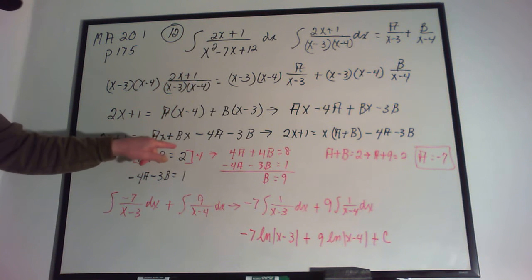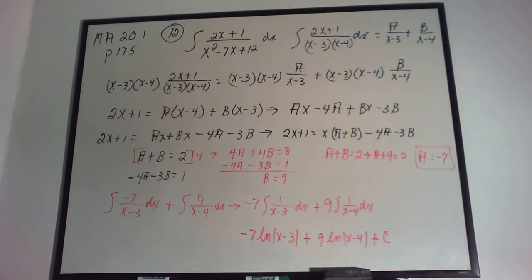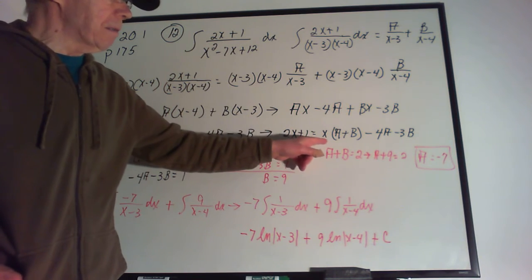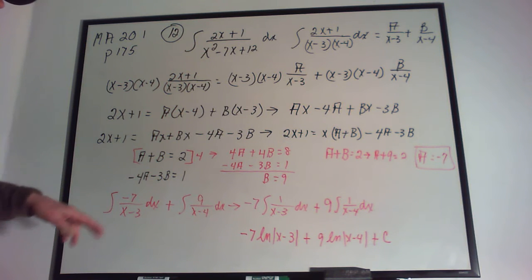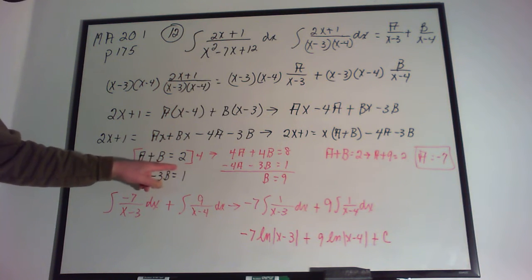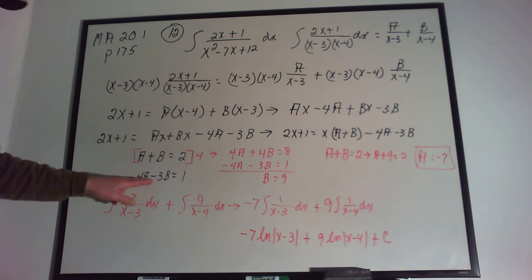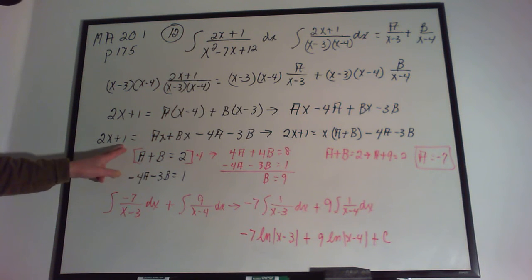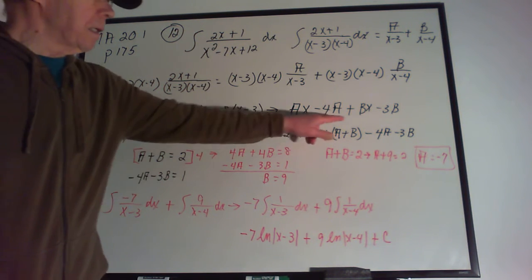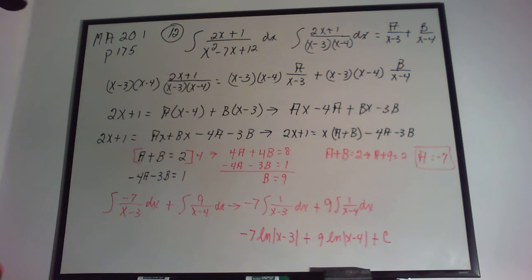I group them together, and then I factor out the x, so I have A plus B equals 2. The 2 comes from the coefficient of the x. And I have minus 4A minus 3B equals 1. There's no x with this, so it equals this constant here.